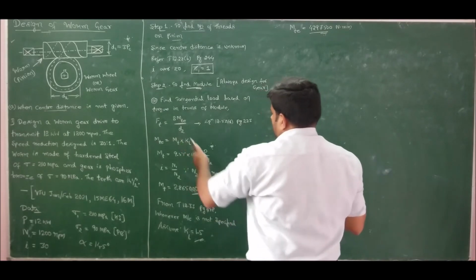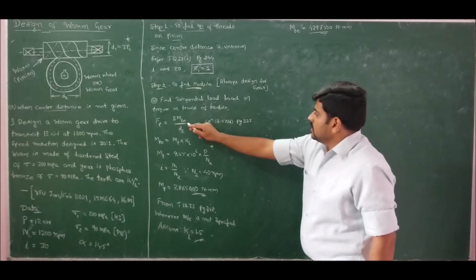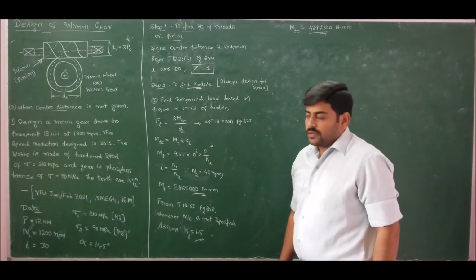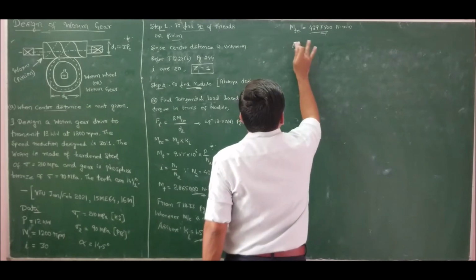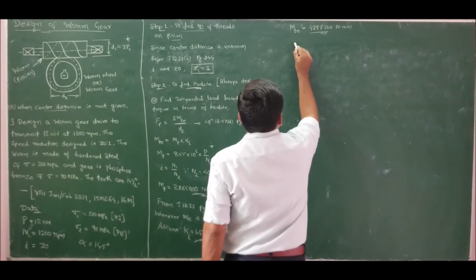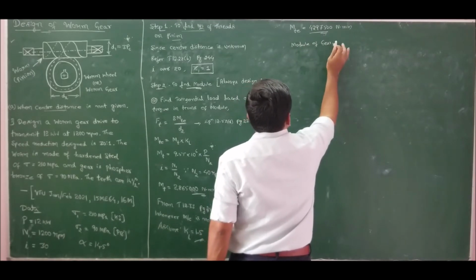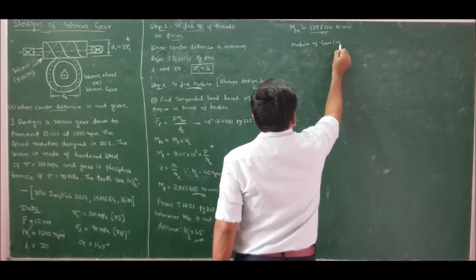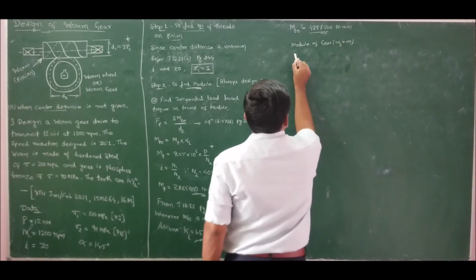Now if I observe equation 12.53d, we have calculated the equivalent torque, but we don't know the value of D2. So we know the module of gear, M2, that is what we are calculating here, that is m.